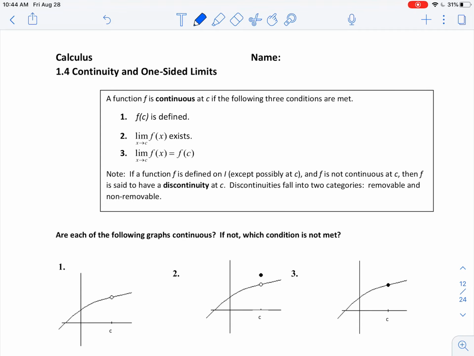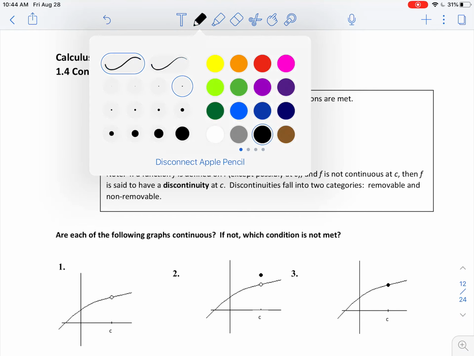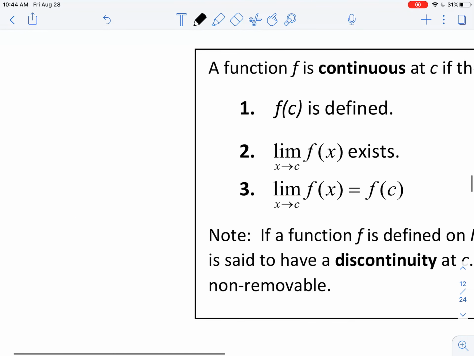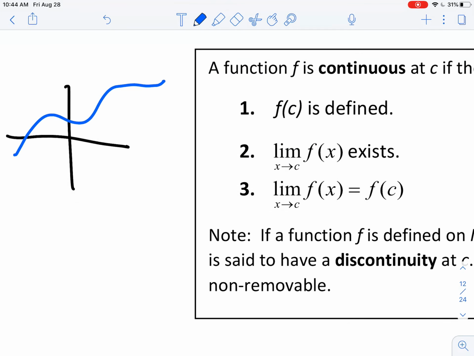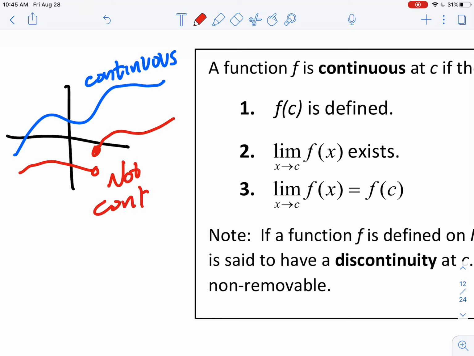So first of all, let me explain a little bit about continuity just on a really basic level. If I have a coordinate plane, if I can draw a graph and never pick up my pencil, I would say that that graph is continuous. However, if I draw a graph and maybe it has a break in there, and I have to pick up my pencil, this is not continuous.